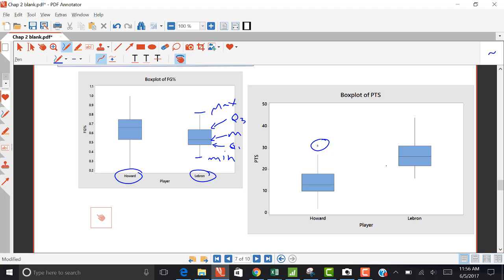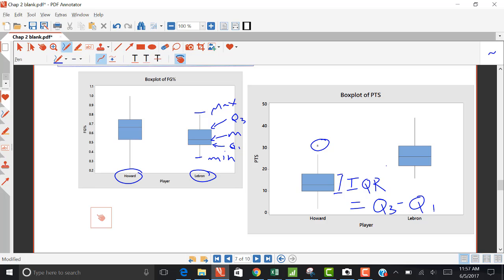It's calculated using something called the interquartile range. The interquartile range is equal to the third quartile minus the first quartile. If you have a value that is really far outside of that interquartile range, it could be considered an outlier. We're not going to be talking about how to make those in this course, but if you see it, just know that these stars represent pretty extreme values.